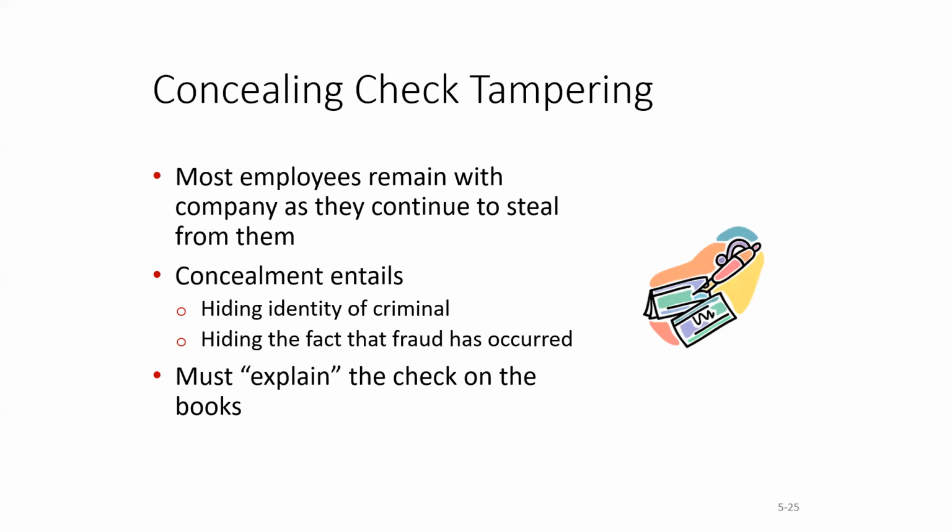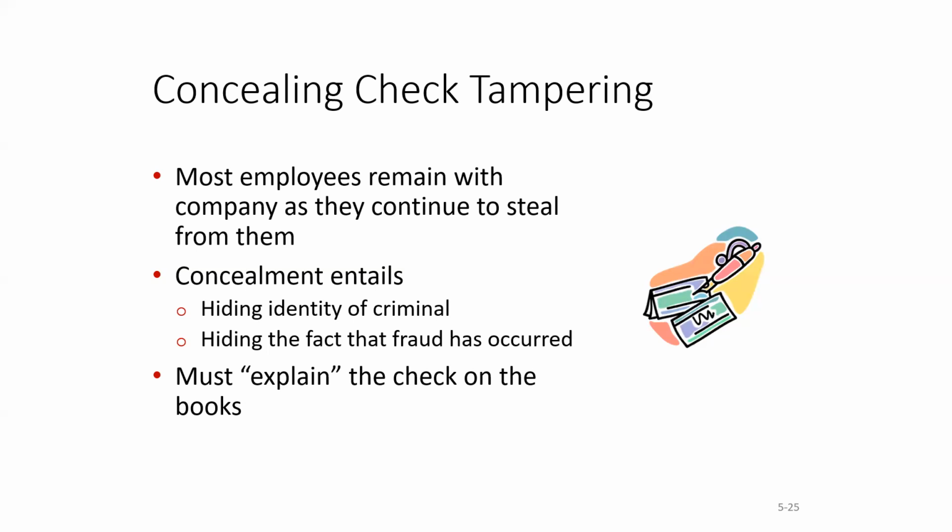Concealing check tampering. Since most check tampering schemes do not consist of a single occurrence, but instead occur over a long period of time, the fraudster is going to want to be able to conceal the scheme so that the employee can remain employed and keep on stealing money as long as they're there. So hiding the fraud becomes extremely important so that they can continue.